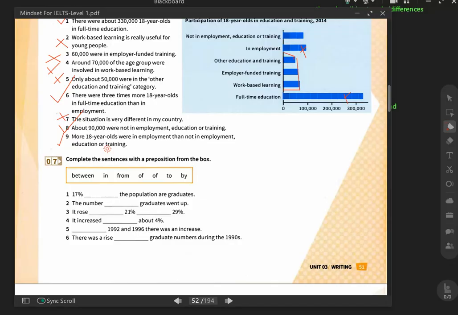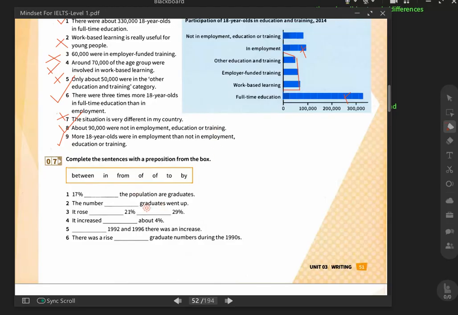Just discuss them in general, maybe one comparison and that's it. Talk about and discuss the most important, the most noticeable trends, like the highest, the lowest, the biggest, the largest, the smallest, or the highest, the lowest, etc.